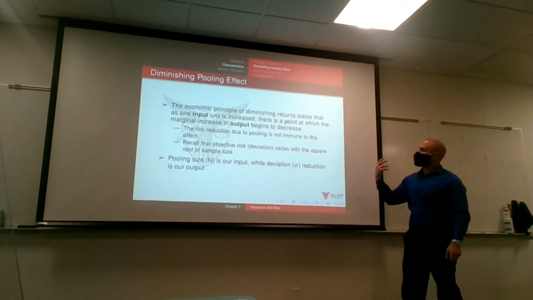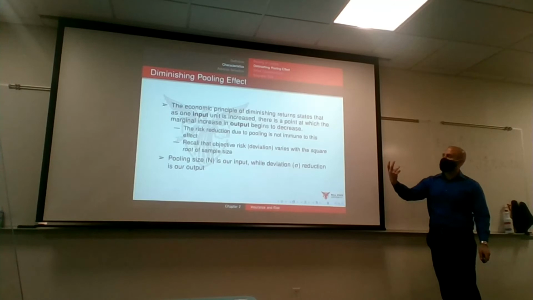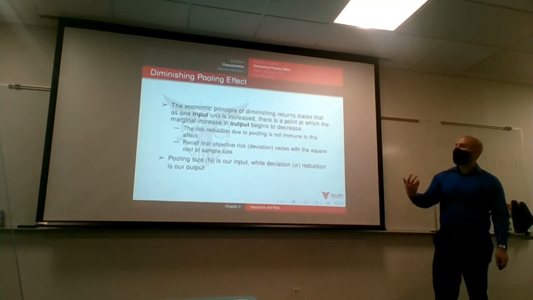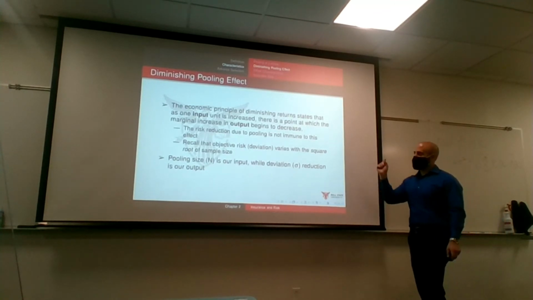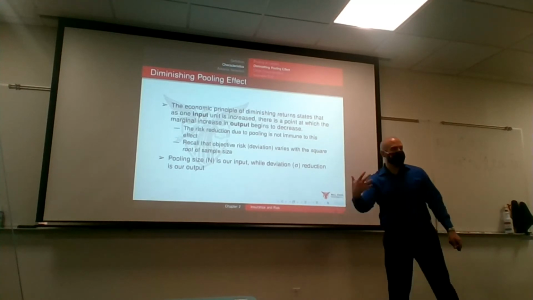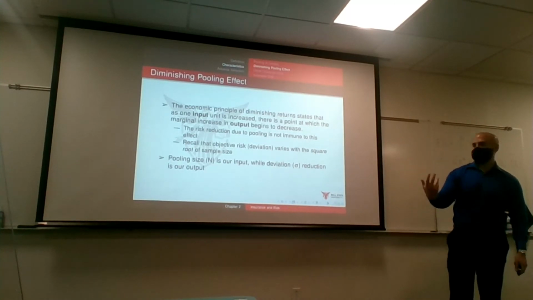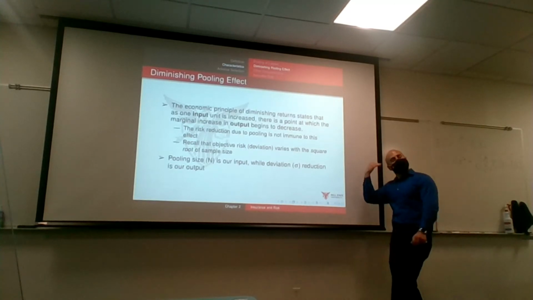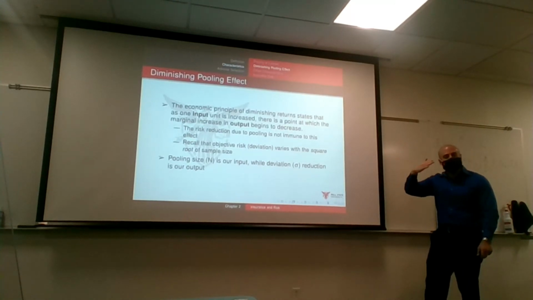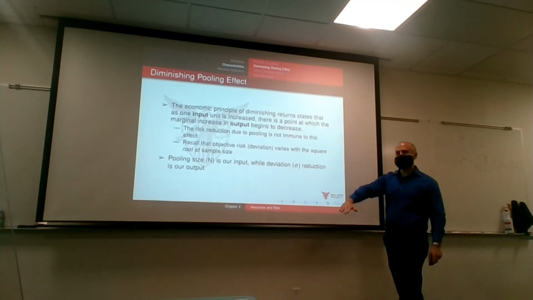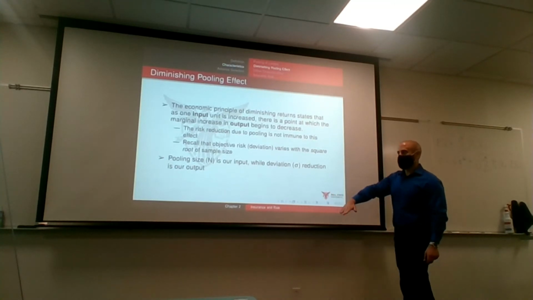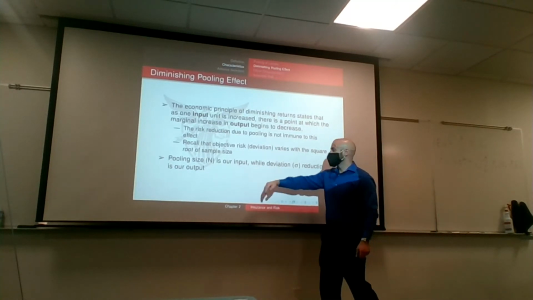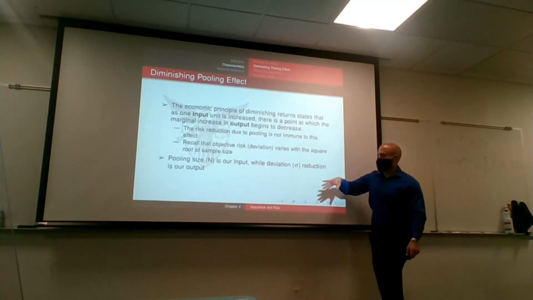So the definition here: as one unit of input is increased, there is some point in which the next unit of output doesn't give us back the same amount. That's basically it. So for us, it's kind of weird because our output is to lower deviation. So pooling size is our input, while reduction of deviation is what we want.